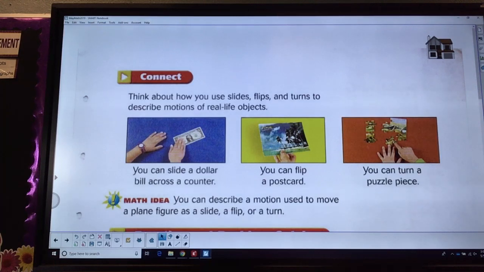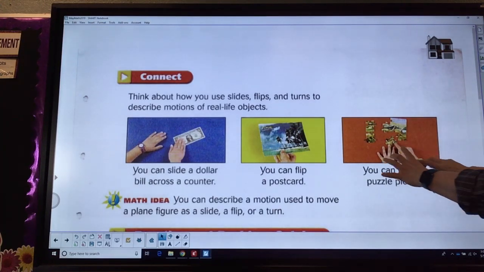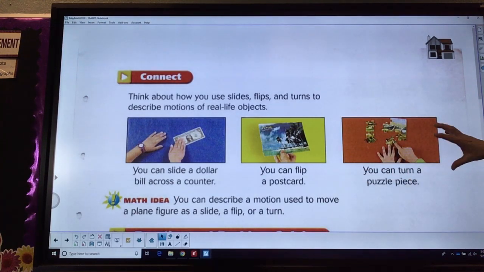And then finally, when we're trying to fit that puzzle piece in, we're turning it every which way or we're rotating it. You can describe a motion used to move a plane figure as a slide, flip, or a turn, or a translation, reflection, or rotation.